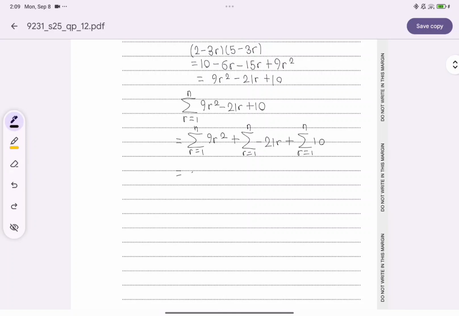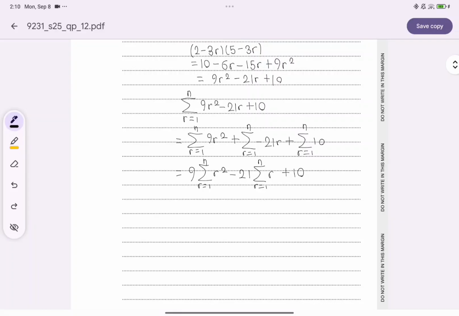So for the first term, we're going to take out 9. Then we'll have this. And then for the second term, we'll take minus 21. And then for the next term, since there's just a constant in that term, we can take that out, and the summation of anything like the sigma all from r equals to 1 to n, that would just be n.